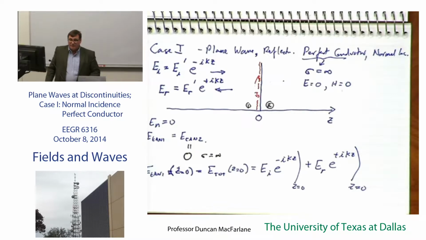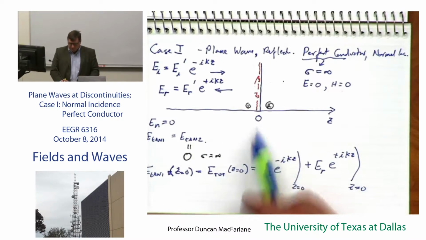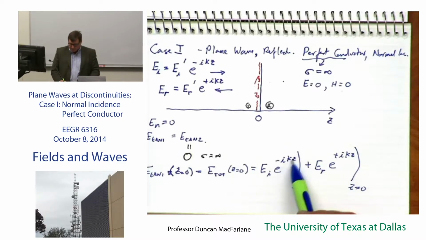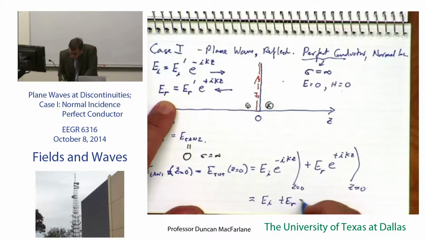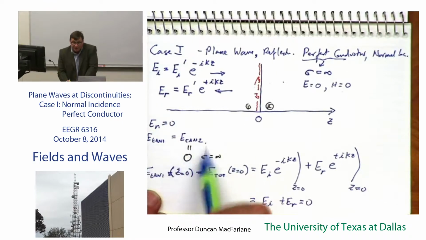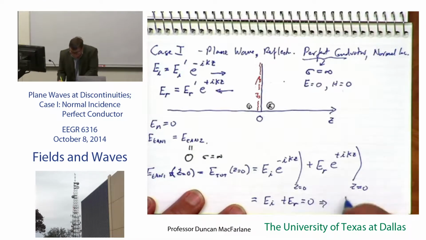Well, I told you I chose an easy case when I set z equal to 0, because e to the 0 is 1. So this is just equal to E incident plus E reflected, and that has to equal 0 by the boundary conditions.